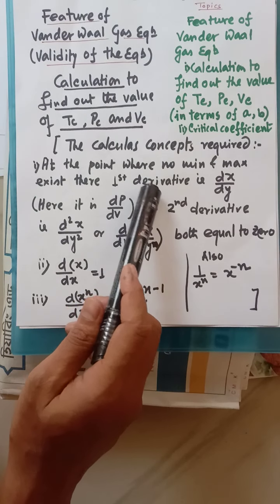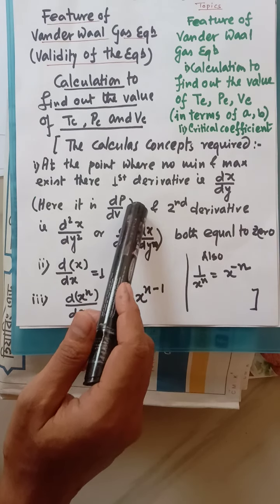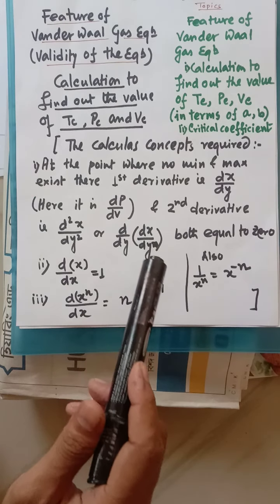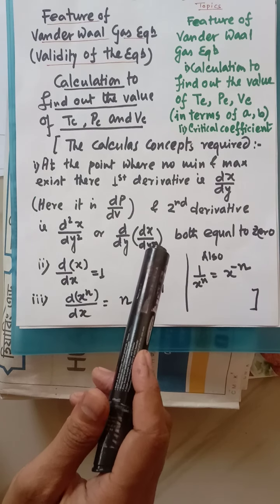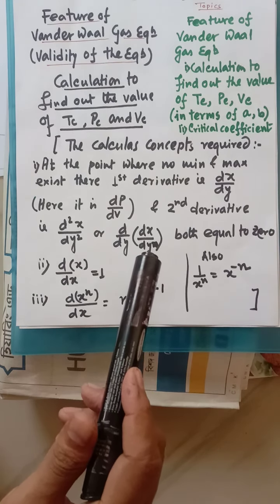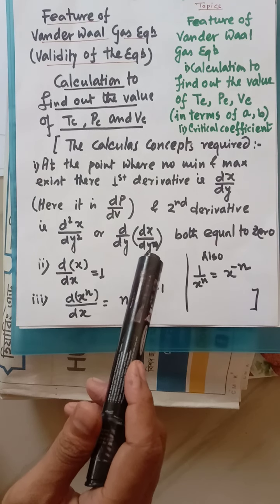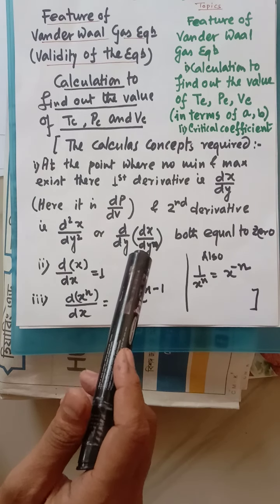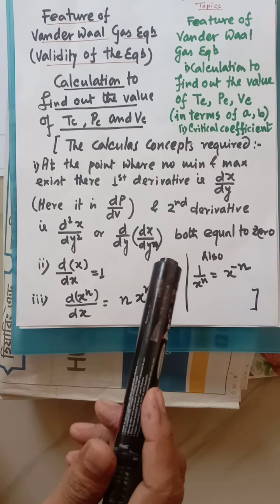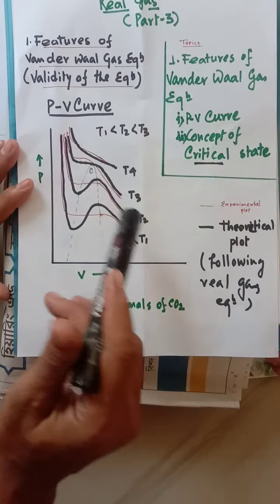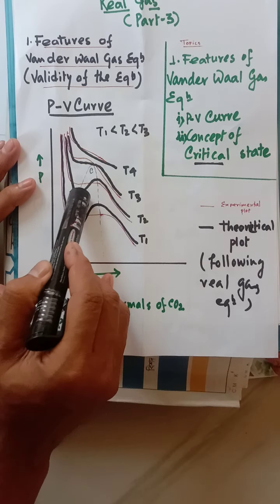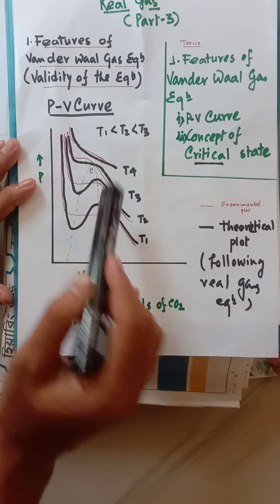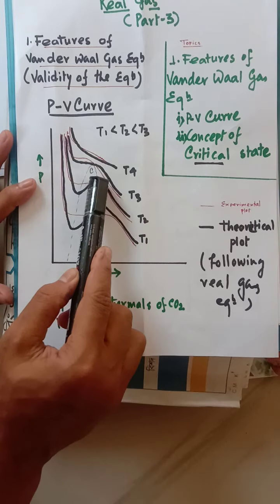This concept is applicable here. In the last video we showed the curve of the van der Waals gas equation, where a maximum and minimum were present, but at this point C the maximum and minimum vanished.